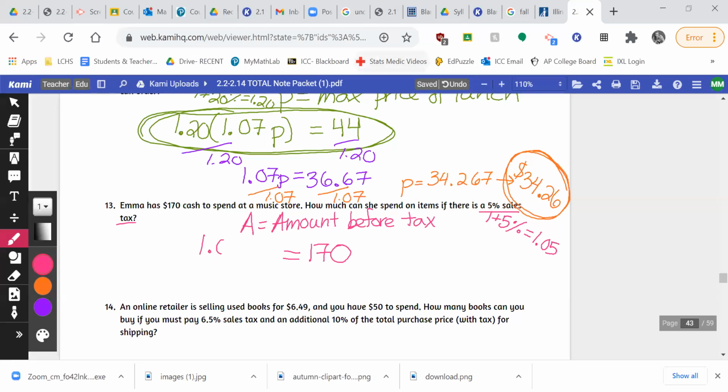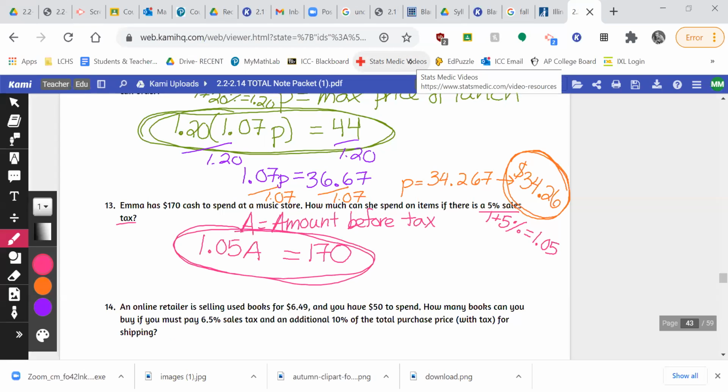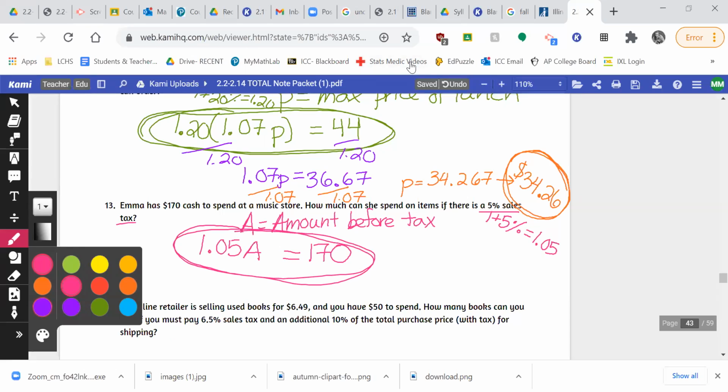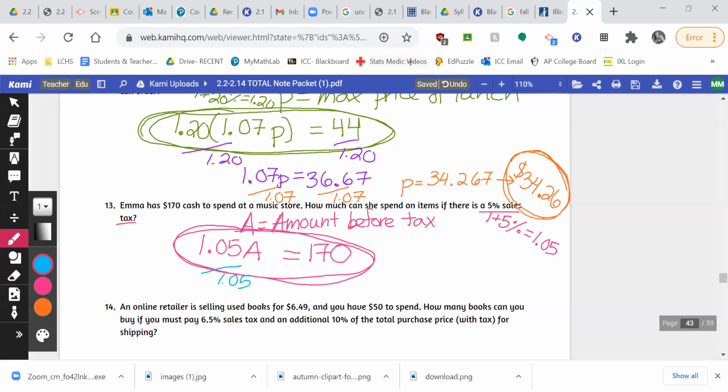So it's going to be 1.05 times A. It's a pretty straightforward equation. To solve it, divide both sides by 1.05. And we get 161.904, round down, so $161.90.